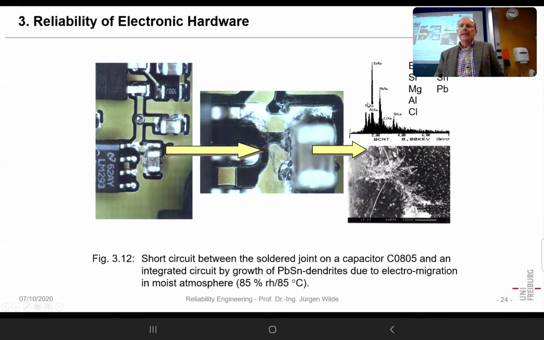And then magnesium and aluminum, that can be from some other metal parts. In fact, I don't know. But what is important, we have here chlorine. It seems not much, but it's sufficient.